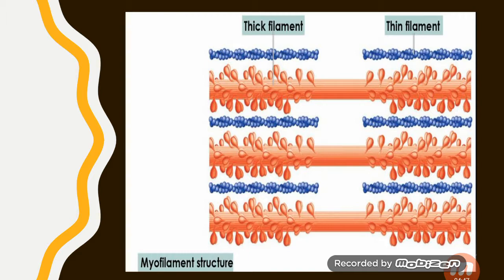Now we will talk about the thin filament, that is actin, which is shown here with the blue bands or the beads which are coiled together. They are 7 to 8 nanometers in thickness, and they are composed chiefly of the actin protein.